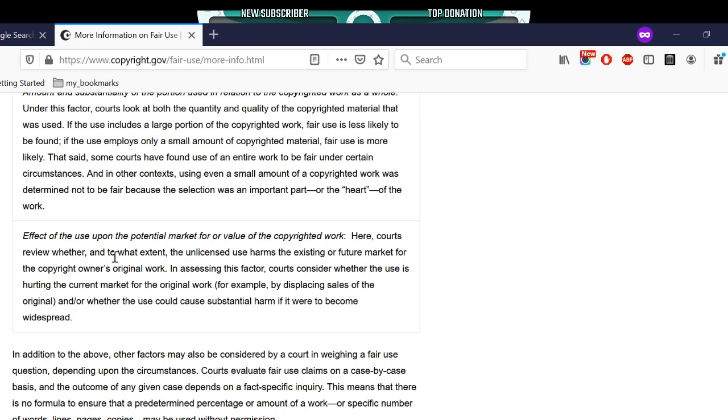Here, courts review whether and to what extent the unlicensed use harms the existing or future market for the copyright owner's original work.